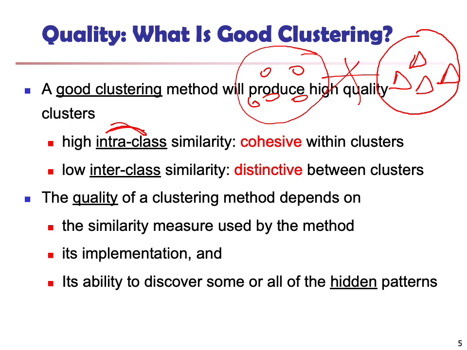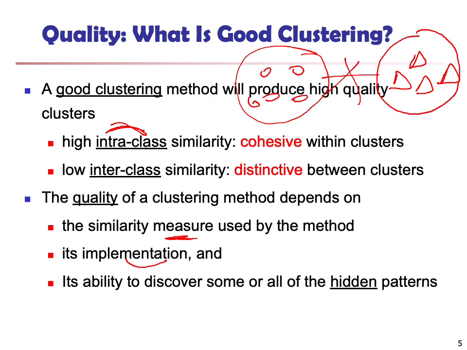And so there are different characteristics or considerations that we have to think about when we want to build our clusters. Things like what's the similarity measure that we can use? What are we going to base our clustering algorithm on? How can we define similarity? Okay, how can we implement it?